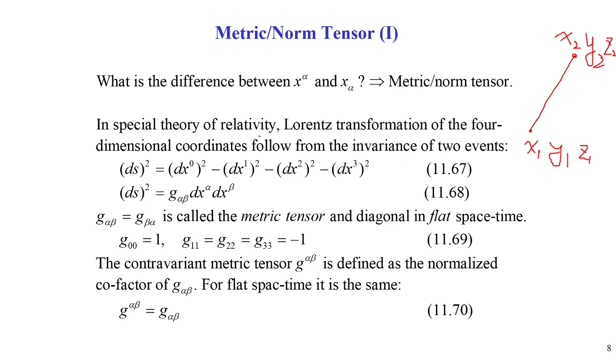In the special theory of relativity, the Lorentz transformation of the 4-dimensional coordinates follows from the invariance of the interval between two events.